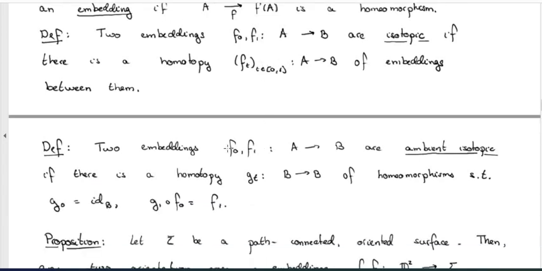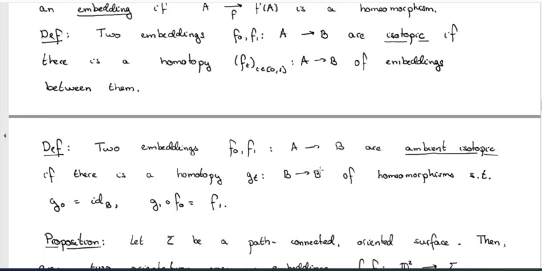And a slightly stronger notion is that two embeddings are ambient isotopic if there is a homotopy of the target, of B, such that it moves f. So this homotopy starts as the identity. It's a homotopy of homeomorphisms, and g1 composed with f0 is f1.